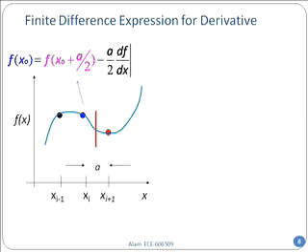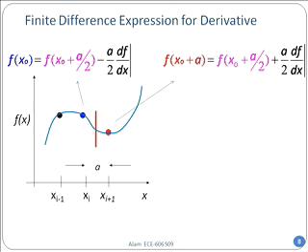Because you want to know how much it is a little bit before that point, the first derivative, you know. And correspondingly, the red one, you can write x plus a, which is at x sub i plus 1. Do you see that? And then it will be the derivative multiplied by a over 2 because it's half the distance, right? So now if I subtract these two quantities, then what will happen?